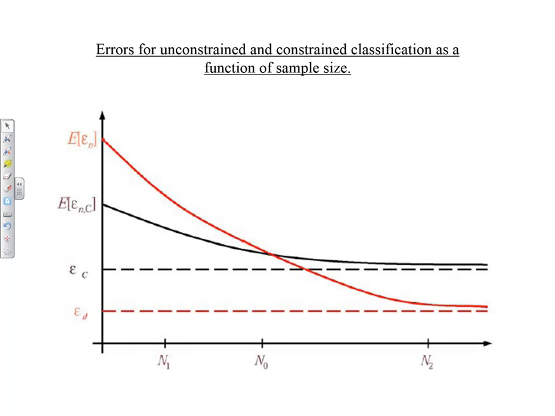Again, it asymptotically approaches epsilon c. If you are in this region, until you hit this point, then the error of the constrained classifier is lower than the error of the unconstrained classifier. So if your sample size is to the left of this intersection point, use the constraint. The constraint is beneficial.